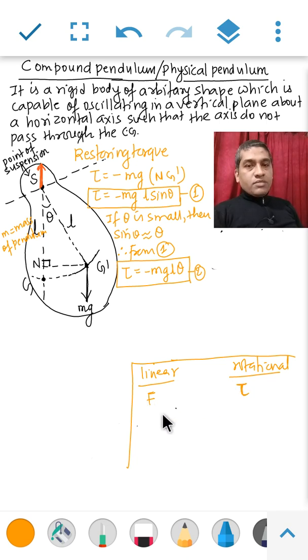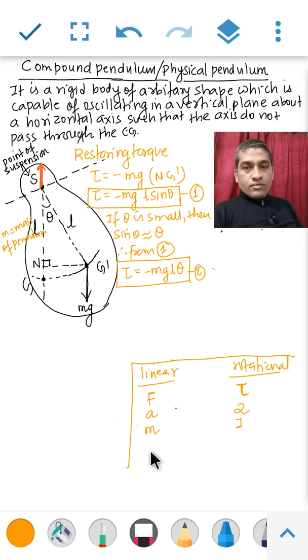Force is replaced by torque, though force and torque are not the same. Torque plays the same role as that of force in rotational motion. For linear motion we take linear acceleration, and for rotational we take angular acceleration. And for linear we have mass. For rotational motion we take moment of inertia. Moment of inertia plays the same role as that of mass in linear motion.